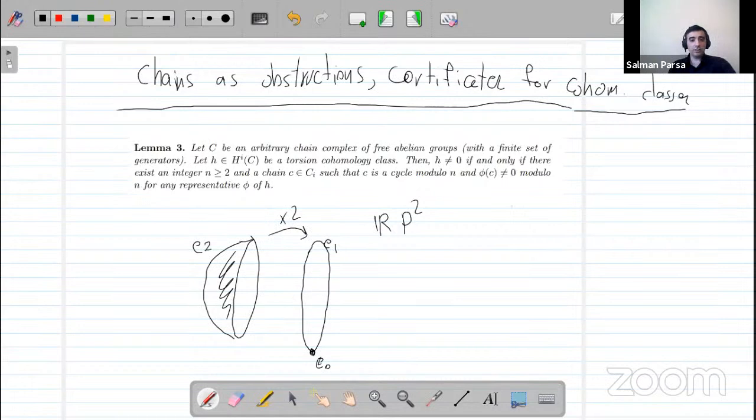Now the cohomology of RP^2 we know: this is Z in dimension 0, 0 here, and there is a Z2 in dimension 2. Actually, there is only a Z2, right?